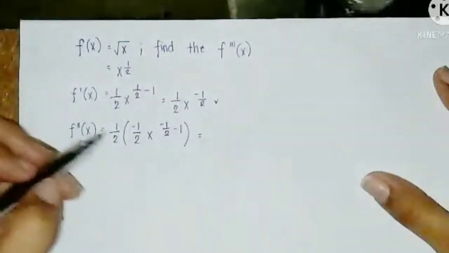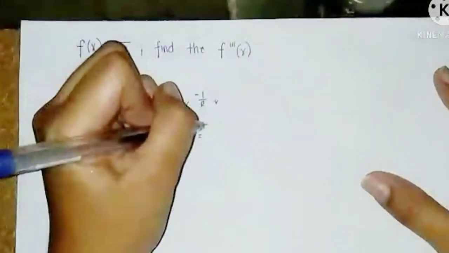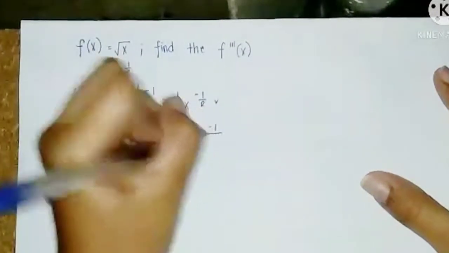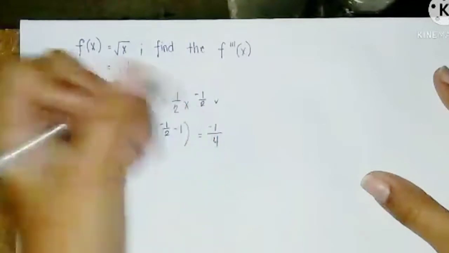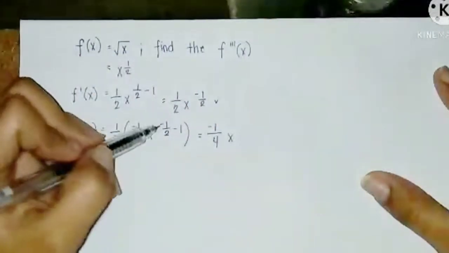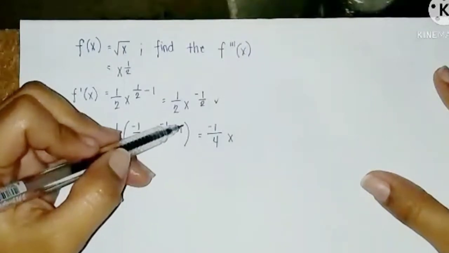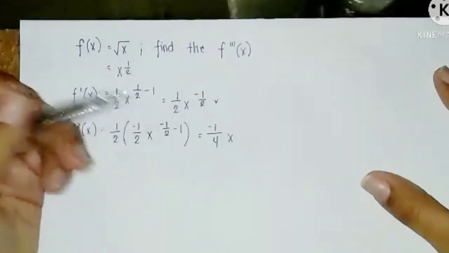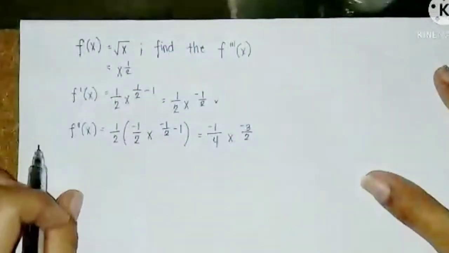To simplify, let us have 1 times negative 1 is equal to negative 1 over 2 times 2 is equal to 4x. Negative 1/2 minus 1 is equal to negative 3 over 2.